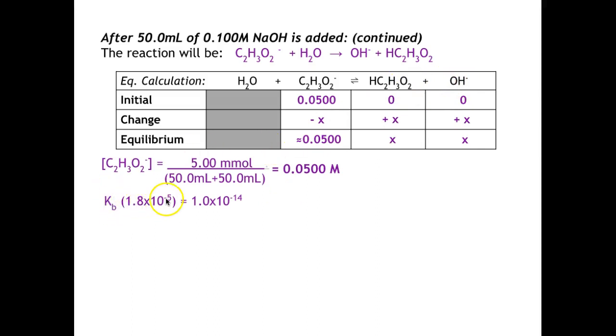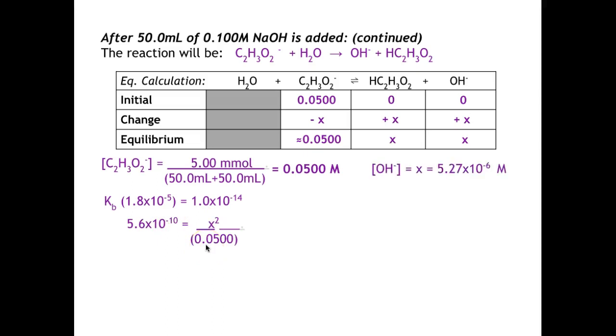So we're going to take our Ka value and convert it to Kb using this equation here. Kb times Ka is equal to 1.0 times 10 to the negative 14th. So converting that to Kb, here's our Kb value, it is equal to x squared over our initial concentration.